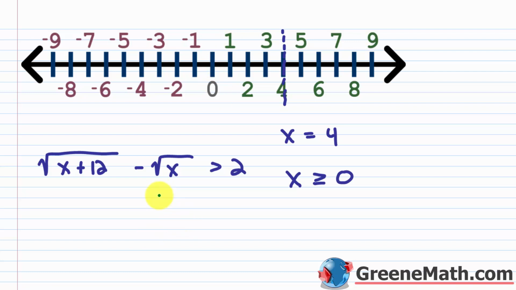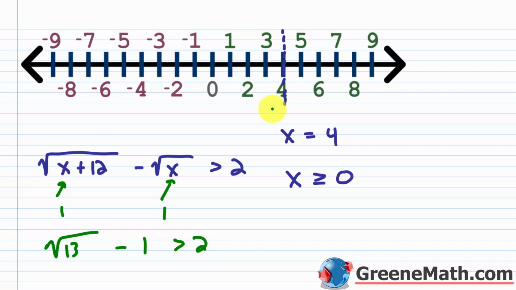Let's just pick 1. If I plugged in a 1 there and there, what would I get? Well, here on the left, you'd have square root of 1 plus 12, which is square root of 13. Then minus square root of 1 is 1. This should be greater than 2. The square root of 13 is about 3.6, okay? If I subtracted away 1, you'd have about 2.6, so that would work. That would be greater than 2.